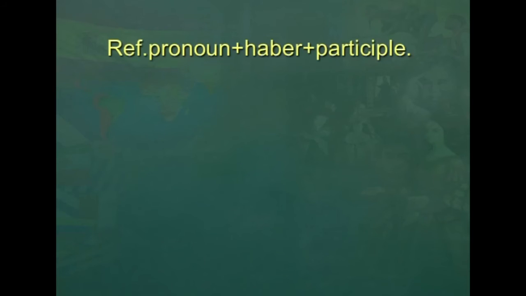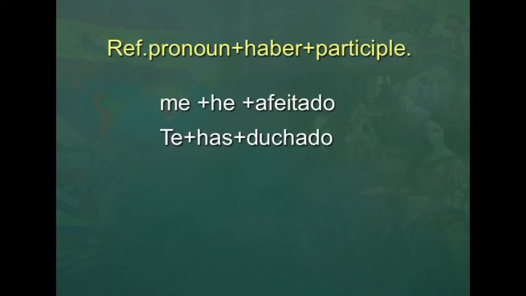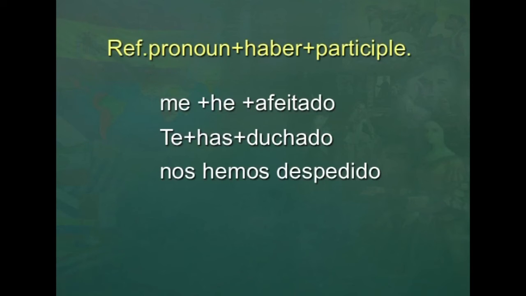For the reflexive verbs, the haber auxiliary comes between the reflexive pronoun and the participle. That is, the structure is reflexive pronoun plus haber verb plus the participle, like me he afeitado, te has duchado, nos hemos despedido, which are in affirmation.